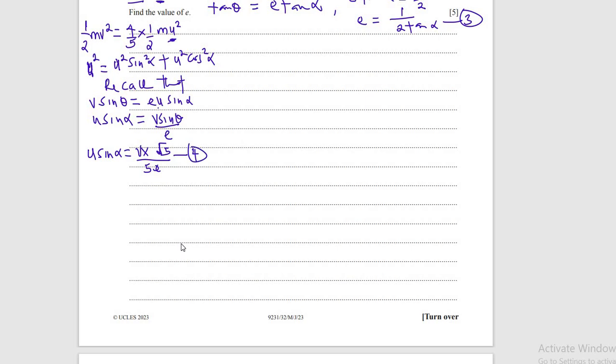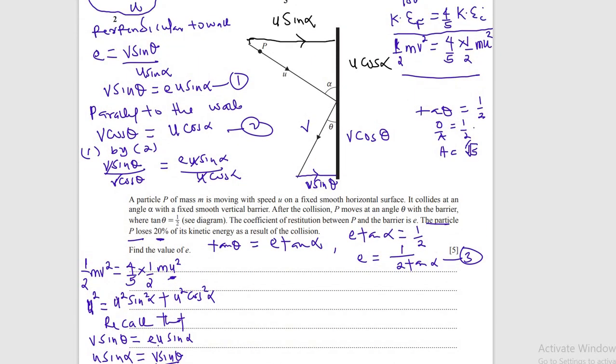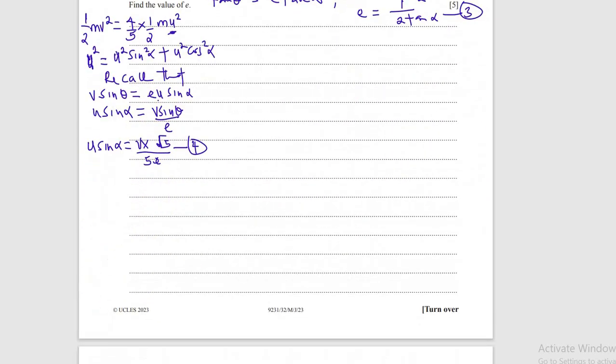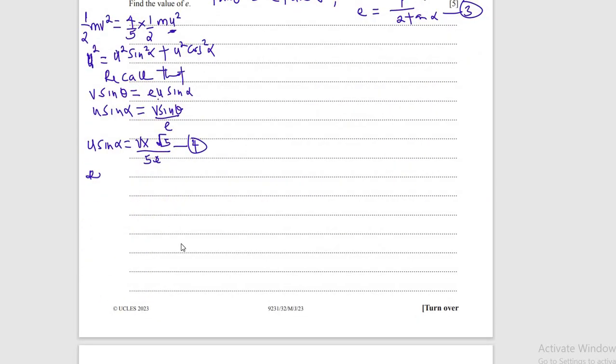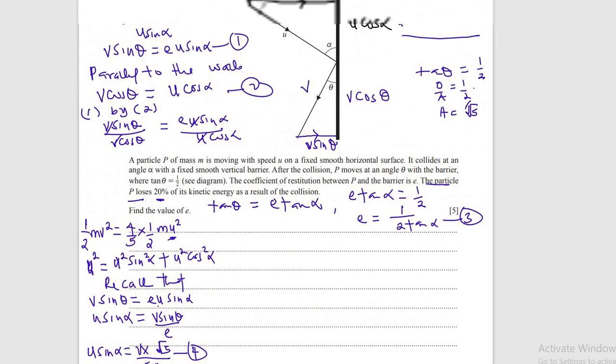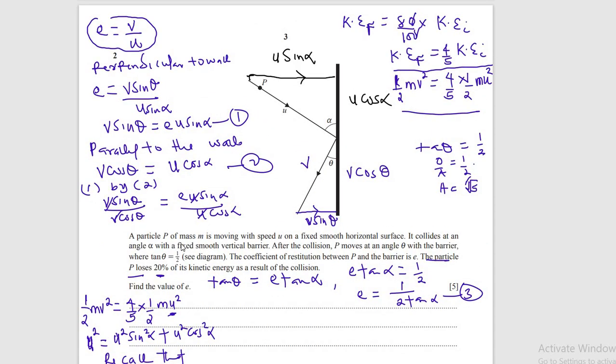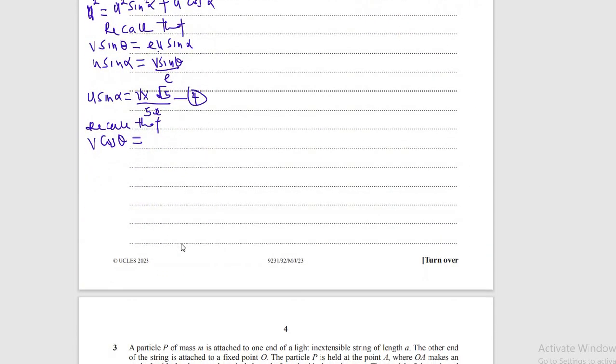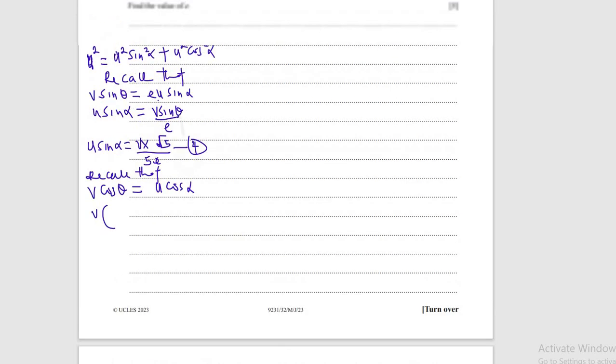And we also recall, parallel to the wall, v cos theta equal to u cos alpha. So from here, what's cos theta? Adjacent over hypotenuse. I think the adjacent is 2.